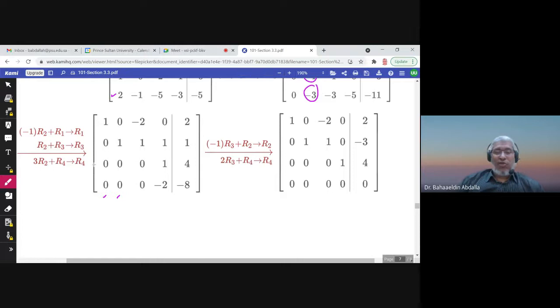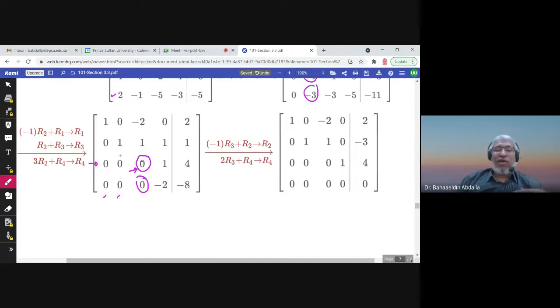Now I go to row 3. This number has to be 1. Well, it is 0. I can make it 1 if this number below is 1, so I can interchange the two rows. But this number below is not 1. So I cannot make this number 1 unless I change everything I did before.